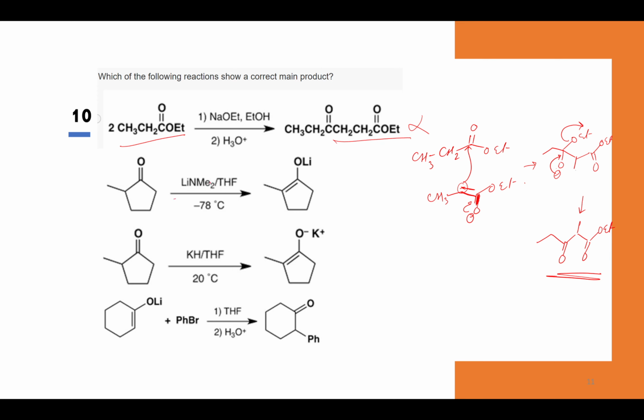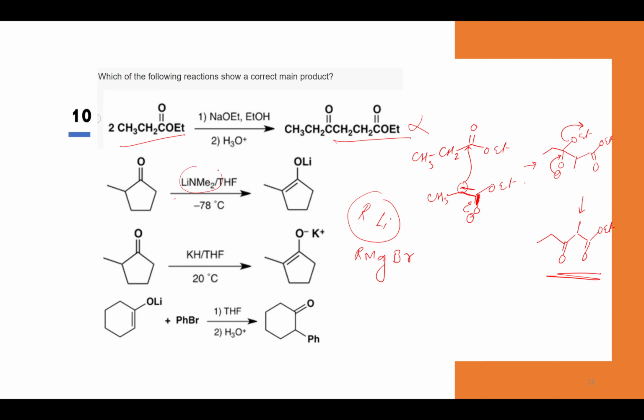Here we have lithium and NMe2 group. So here, first of all, proton abstraction will take place, right? We have discussed earlier that RLi, RMgBr, and this type of group do 1,2 addition.